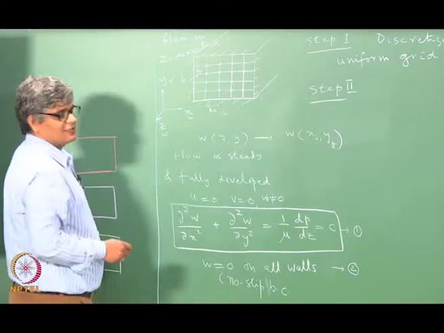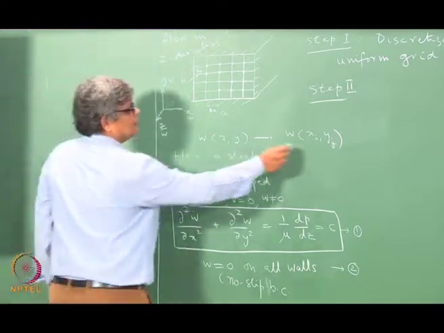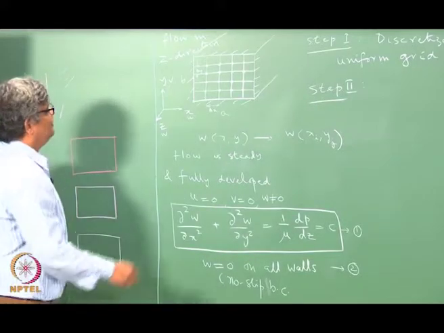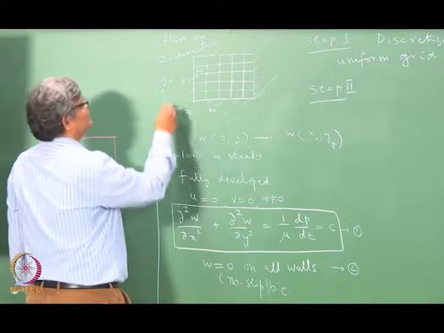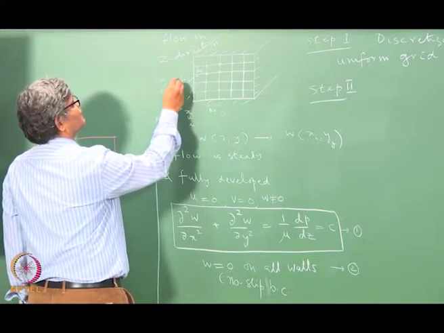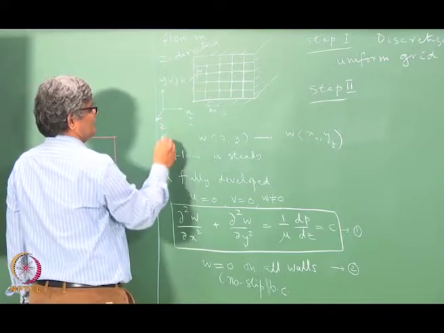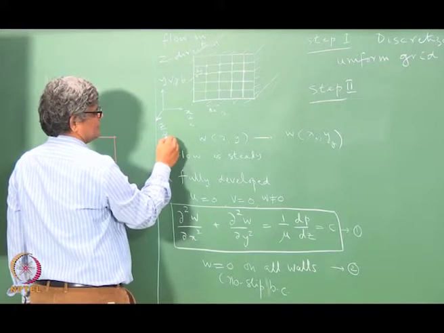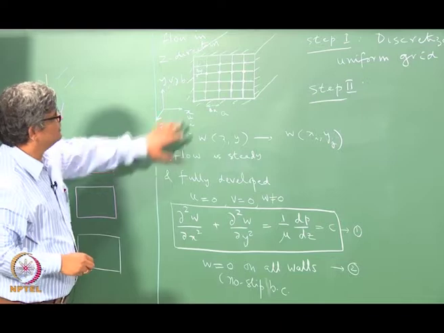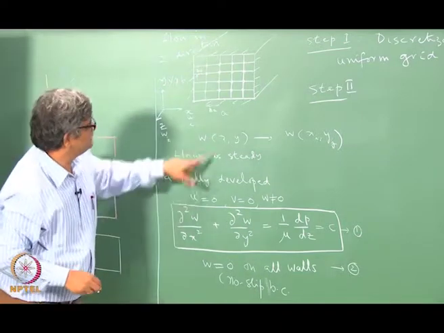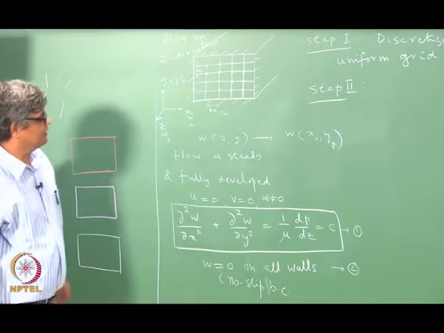At this point we can introduce the index notation. Along with x we introduce index i, and in the y direction we introduce index j; in the z direction we can introduce k, but right now we do not need k because we are looking at only x and y as the independent variables here.